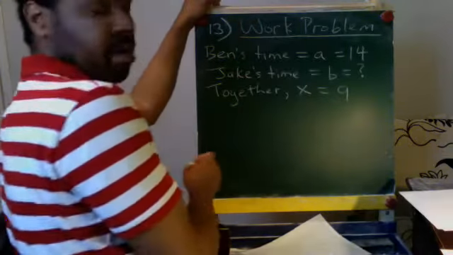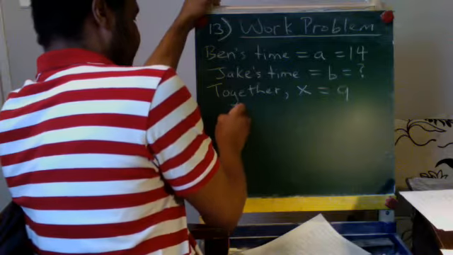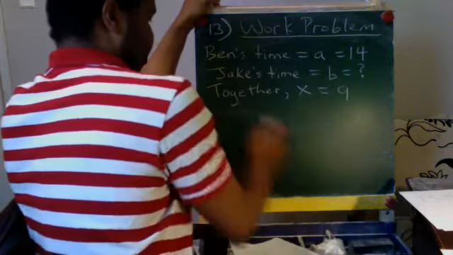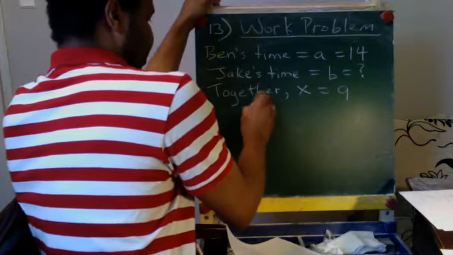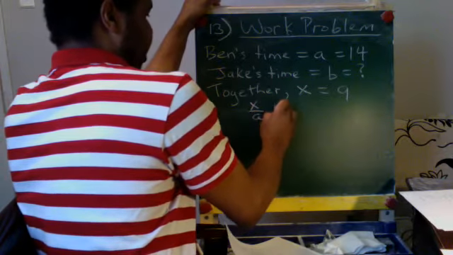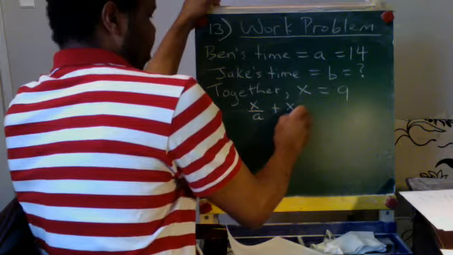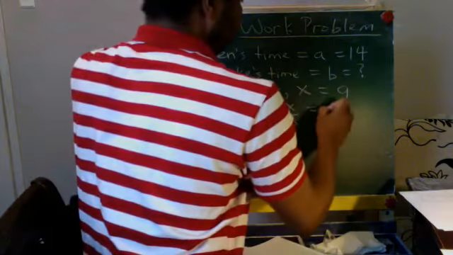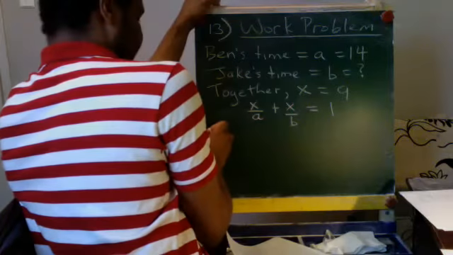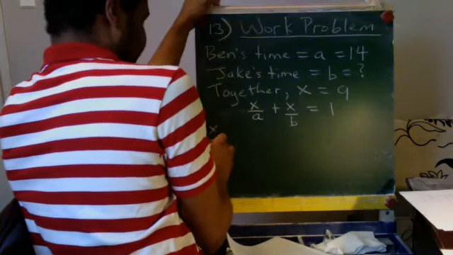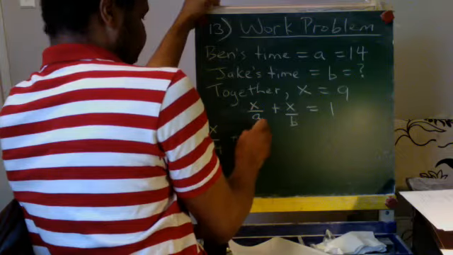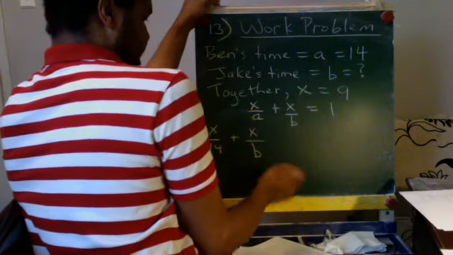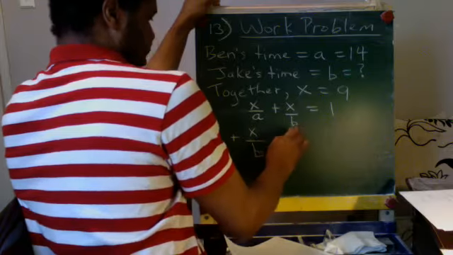So we go back to our formula, and this says that X over A plus X over B is equal to 1, which is saying here that X over 14 plus X over B, which we don't know, is equal to 1.